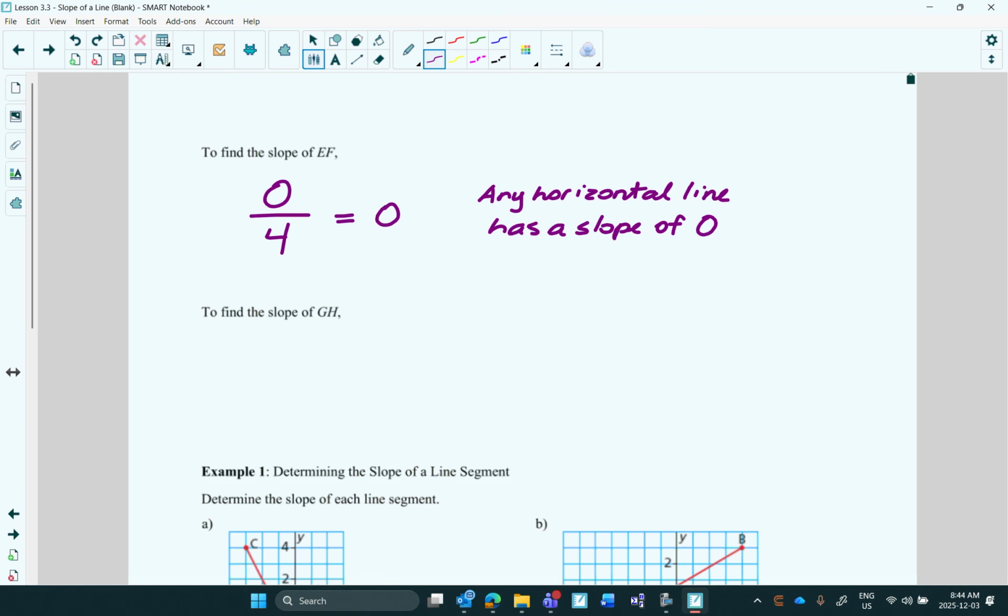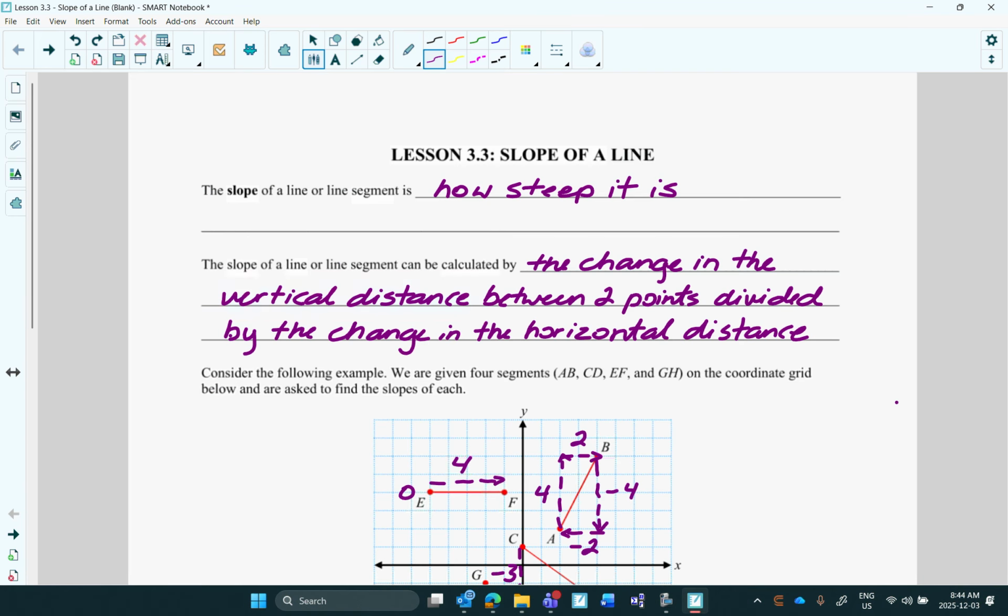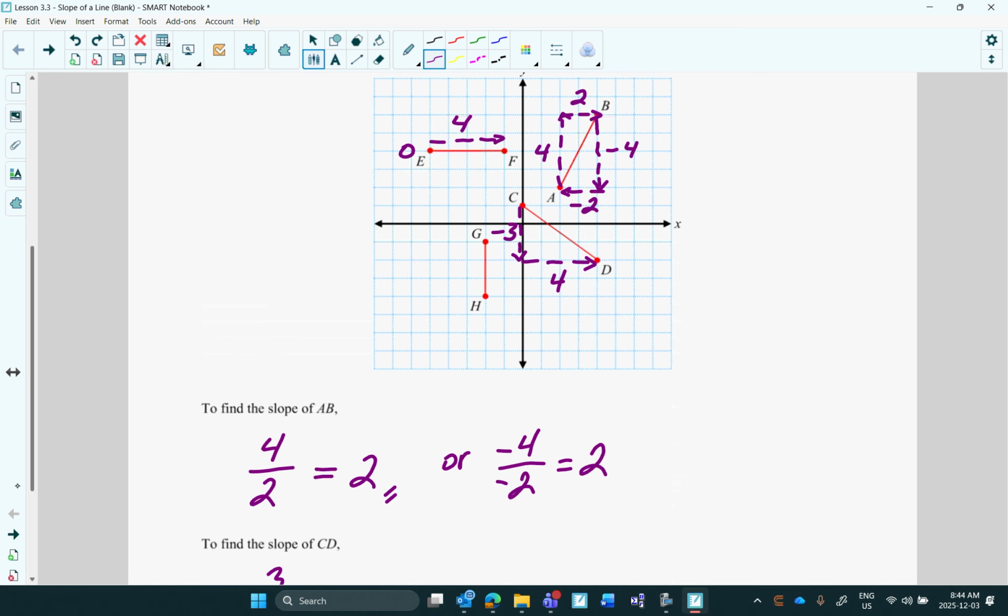And then finally, the vertical line. Well, let's say I want to start at G and move to H. How much do I move vertically? 3. Or I'm moving down, -3. How much do I move horizontally? Nothing, because I'm at H. So I don't move at all horizontally.